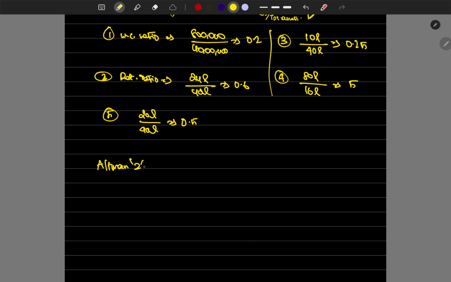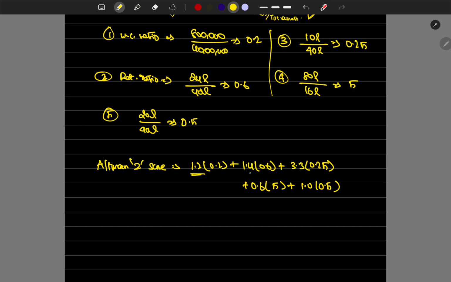The Altman Z-score is 1.2 into 0.2 plus 1.4 into 0.6 plus 3.3 into 0.25 plus 0.6 into 5 plus, sorry, 1.0 into 0.5.